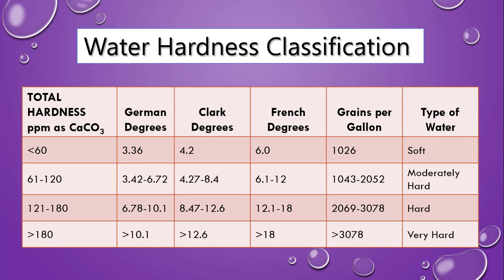If the hardness value is less than 60 ppm as calcium carbonate, then water is considered soft. If between 61 to 120, then water is moderately hard, if between 121 to 180, then water is considered hard, and above 180 ppm as CaCO3, water is considered very hard.